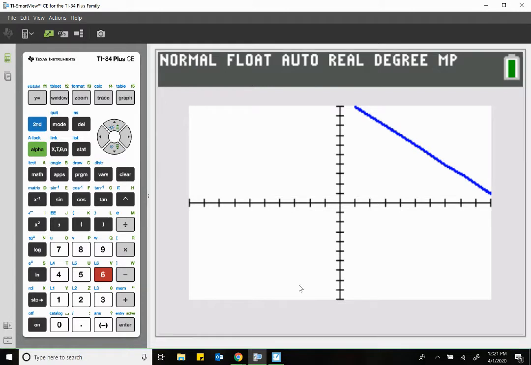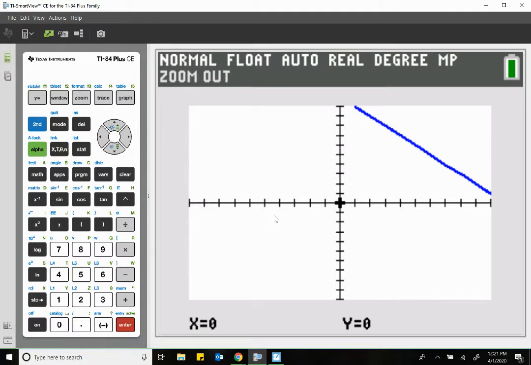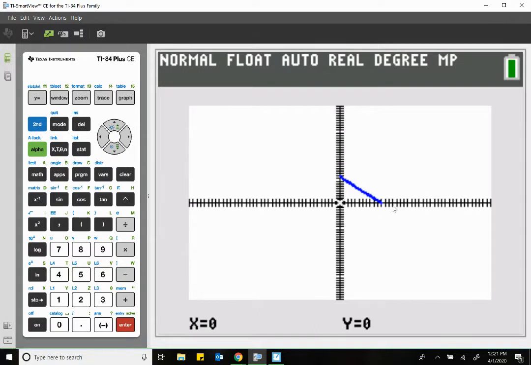Okay? But if you look at this thing, it looks like a line segment. Maybe if we zoom out a little bit. See? It looks like a line segment. So with parametric equations, when you look at their graphs, it's like you're looking at part of a graph. That's what parametric equations do.